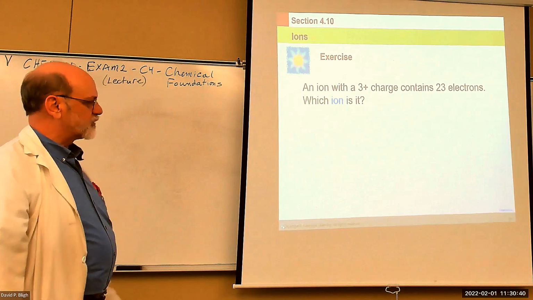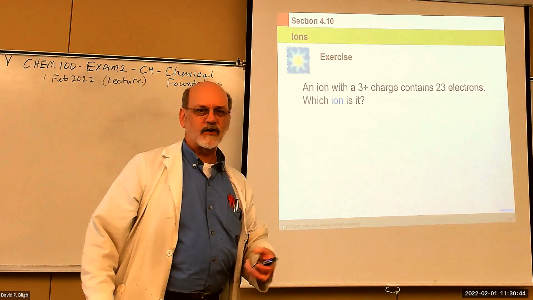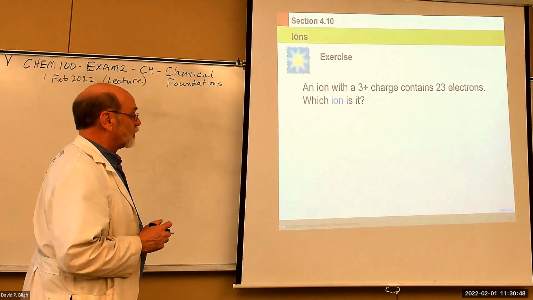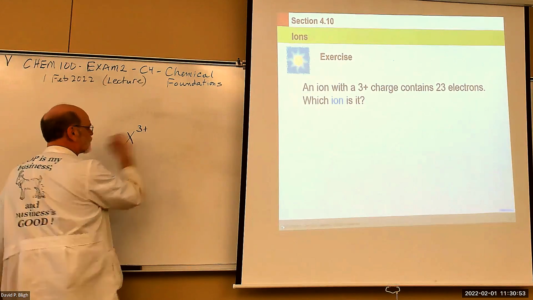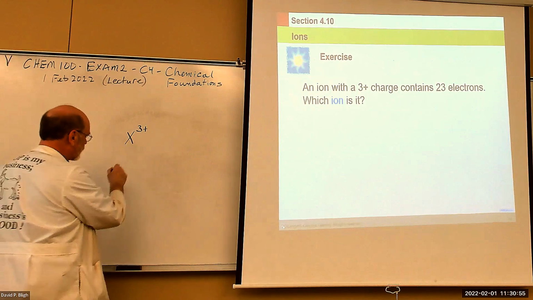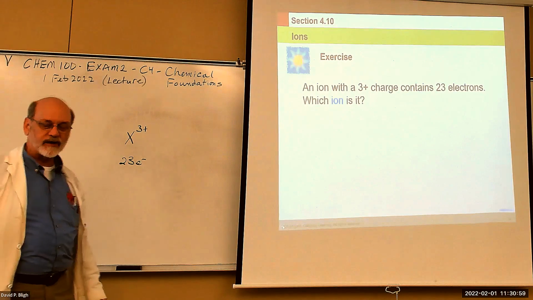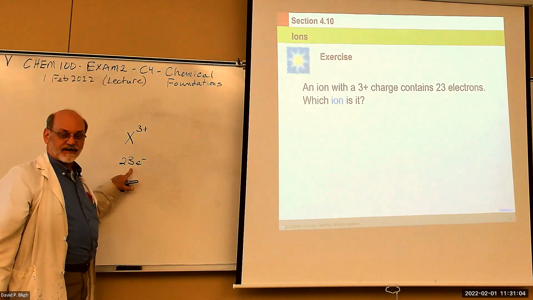Okay, let's solve this problem. I mean, I'm half hour over, so if you have to go, then that's okay. An ion with a 3+ charge. So this ion has a 3+ charge, and it also has 23 electrons. Okay. How did it get a 3+ charge if it has 23 electrons?